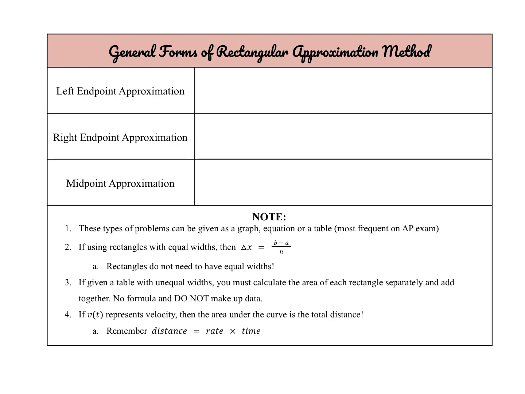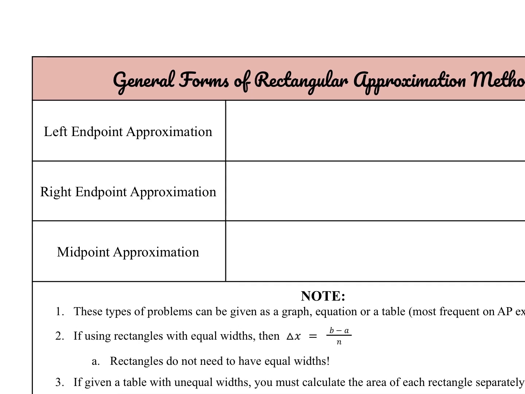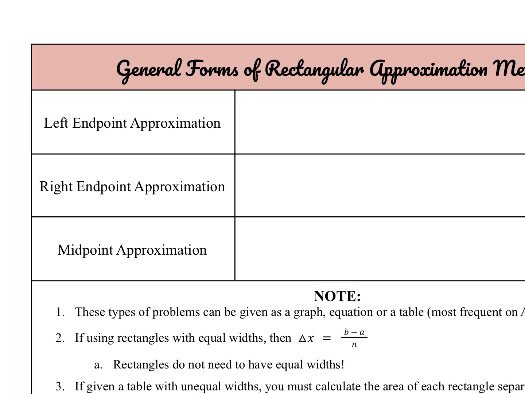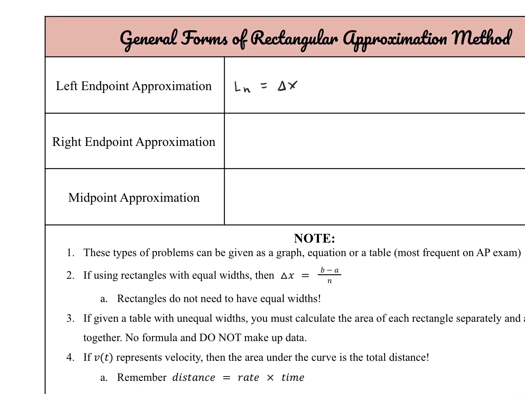All right, so now I want to write the general forms of what we were doing for each of the different approximations. So for our left endpoint approximation, I'm going to say Ln, where n is just the number of rectangles. We always did delta x, that's the width of each of our rectangles, assuming that they are uniform width.